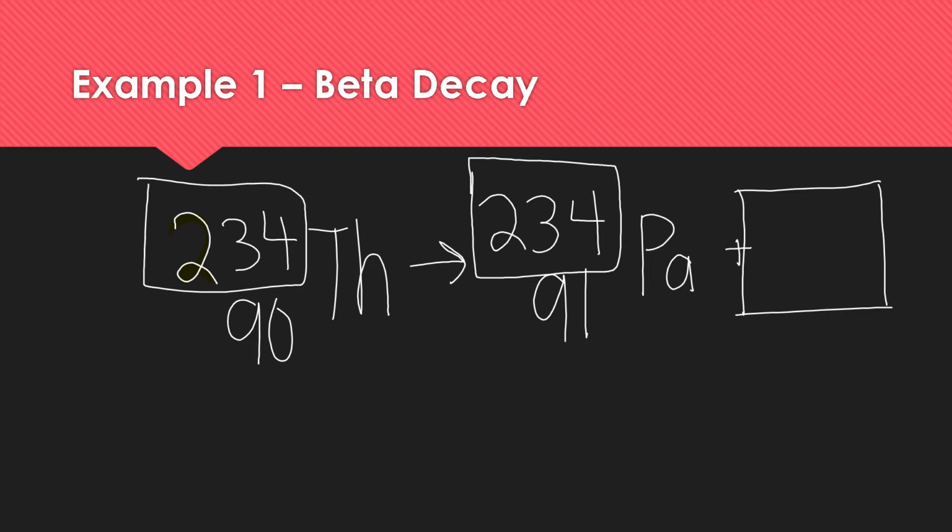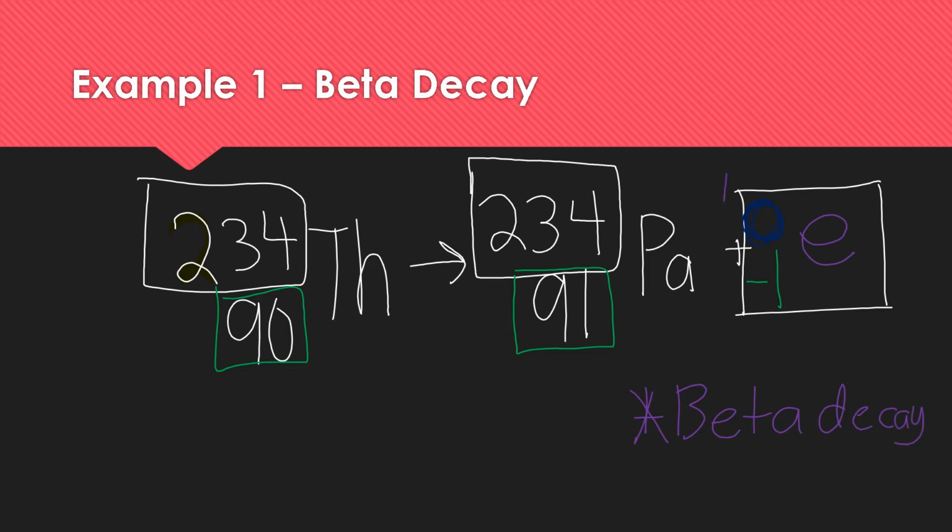So 234 plus what equals 234? That would be 0. So we know that our mass number over here has to be 0. Now we have 91 here and 90 here. So 91 plus what is going to give us 90? That would be -1. And if you refer to the last slide where we talked about nuclear symbols, 0 and -1 go with an e, which is going to tell us this is beta decay. We just need to make sure these numbers up here balance and these numbers down here balance as well.